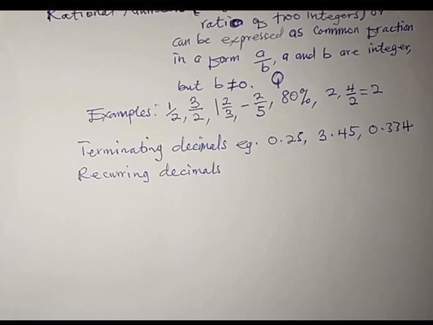After the decimal point, the last decimal digit keeps on repeating. It repeats and doesn't end. That's what we refer to as recurring decimals, when the last digit of the decimal number keeps on repeating.